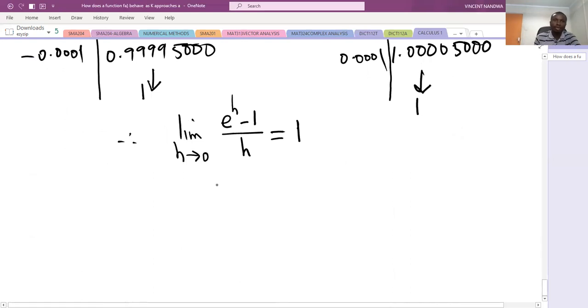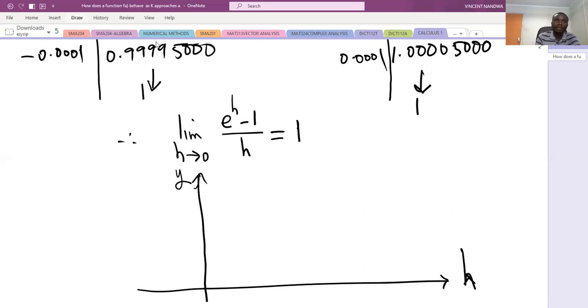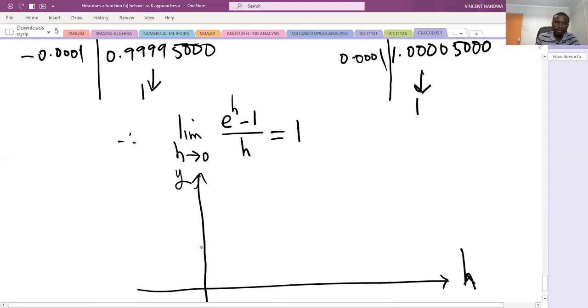And then if you are to draw the graph, this is how the graph will look like. This is h, and this is y, which is f of h. So the trend of the graph is this, it's not defined at 0, but that's how it looks like.